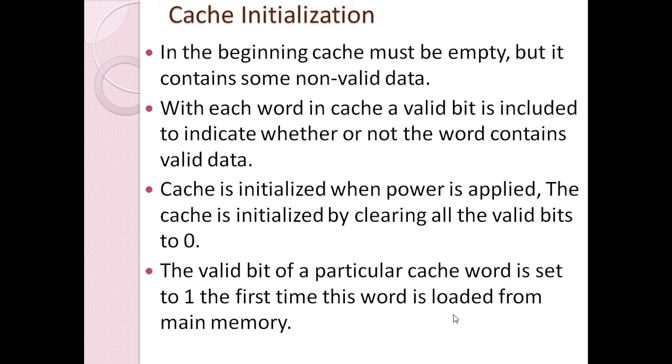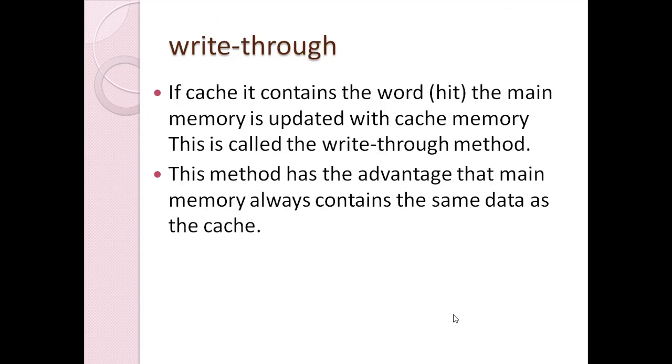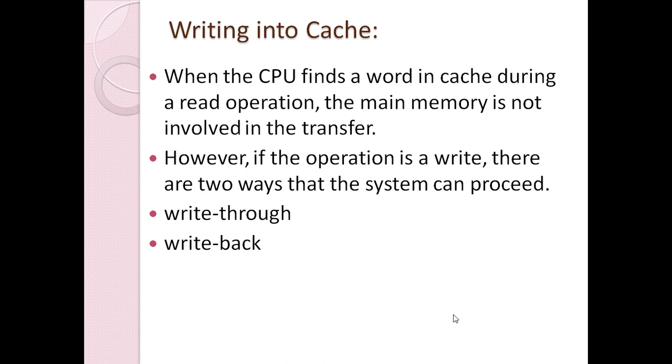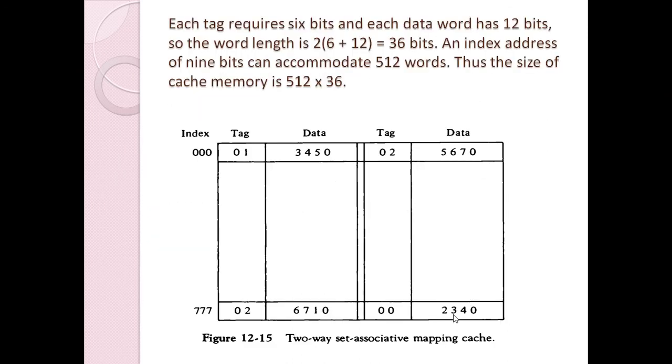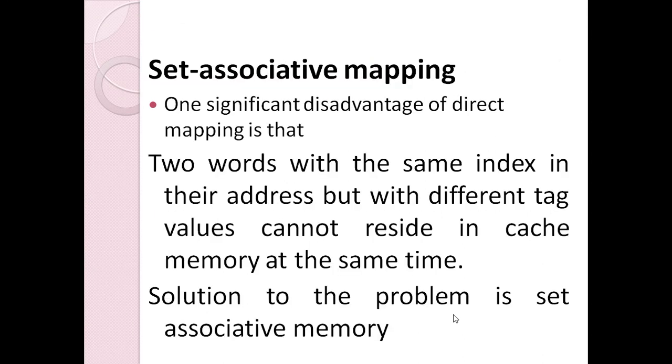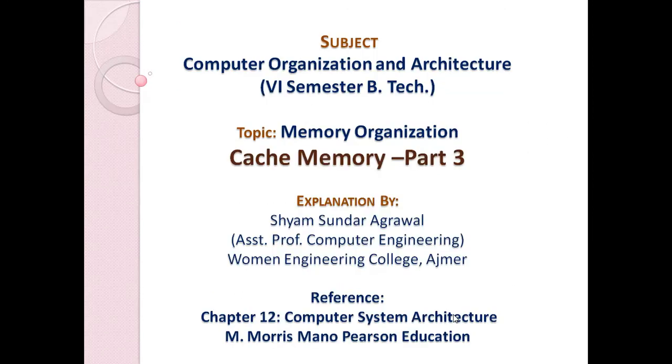In this way, cache is initialized, and we saw the write back and write through operations and how set associative mapping works. So this is all about the discussion on cache memory. Kindly go through the book and prepare your small notes on all the three mappings and the introduction of cache memory. Thank you very much.